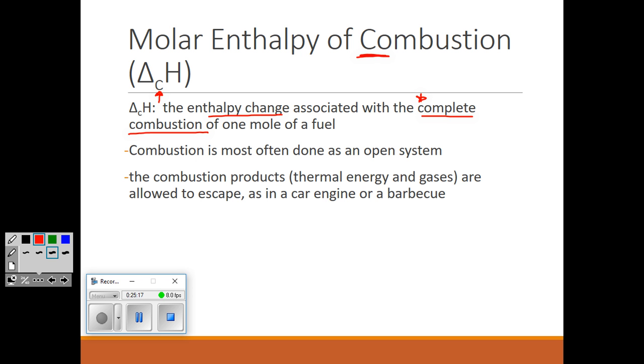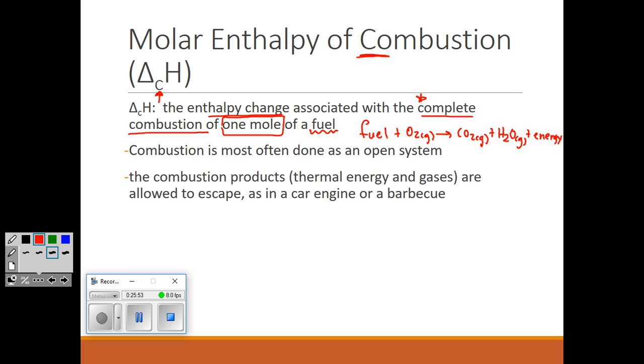The other part that really is important is that there is 1 mole of a fuel. Now the fuel can change, but the general reaction for a combustion reaction would be a fuel plus oxygen gas produces CO2 gas, water vapor, and energy.